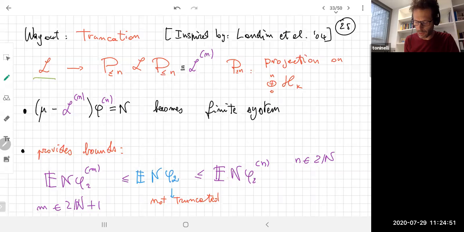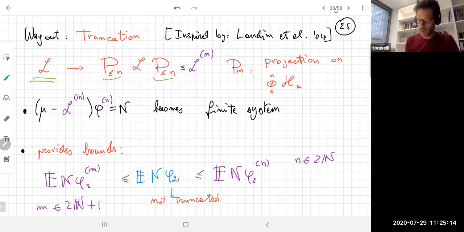That is, you replace your generator L, which is complicated, by a truncated generator where you pre- and post-multiply this generator by P smaller or equal n. This P smaller or equal n is simply the orthogonal projection over the chaoses of order 0 up to n.